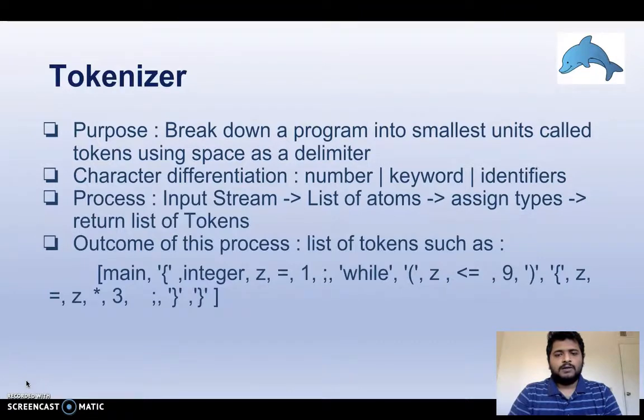So what the tokenizer does is basically takes the input from the file as streams and then sorts it into a list of atoms, and then differentiates each atom into alphabets or numbers or tokens, and then passes it as a list into our parser.